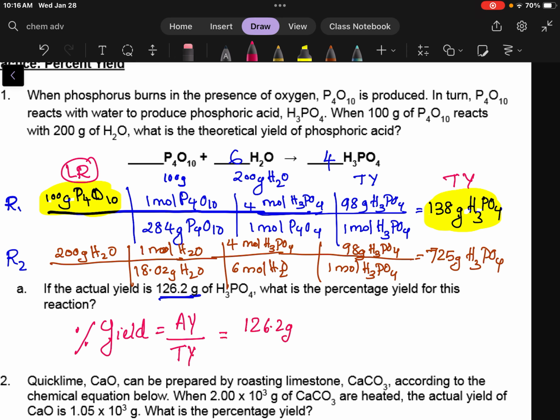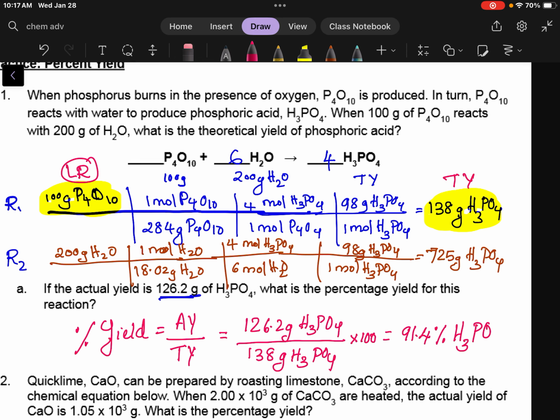So 126.2 grams of H3PO4 divided by 138 grams of H3PO4, then times 100, and you will get what? You are a good chemist. You got a good percent yield of H3PO4. There will be at least 2 questions like this.